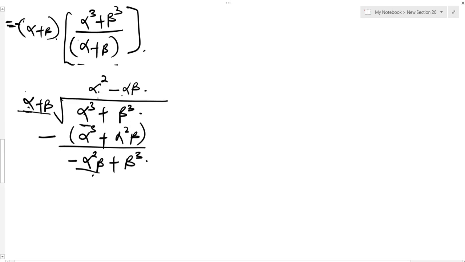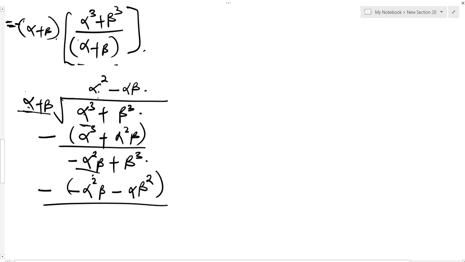So using this minus alpha beta to multiply alpha plus beta, you will now have minus alpha square beta minus alpha beta square. Now if you put up your minus sign to subtract this from this, minus alpha square beta minus minus alpha square beta will cancel out.